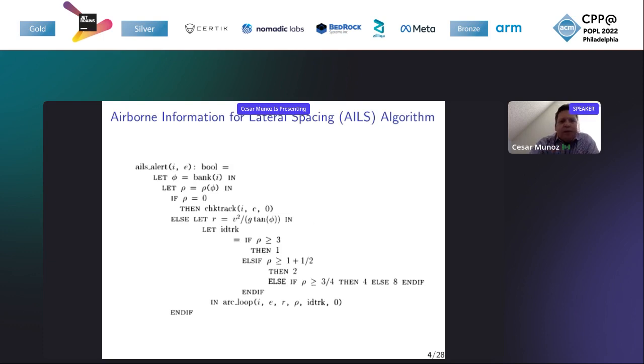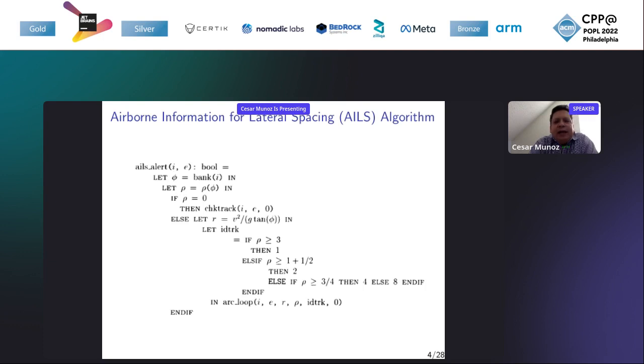As I said before, the algorithm was provided to us in Fortran, and we had to write a specification of the algorithm, and then we used PVS. Langley is a heavy user of PVS, and this is the specification of the algorithm. A couple of things about this algorithm: as you can see, it's not that complicated, but it's not completely trivial.